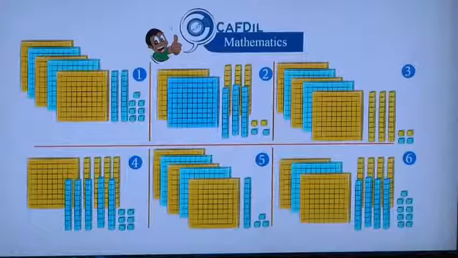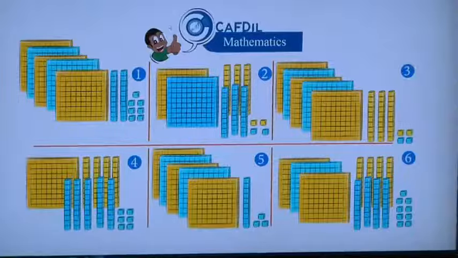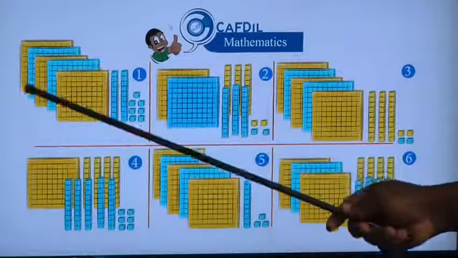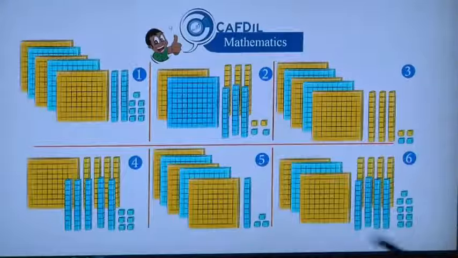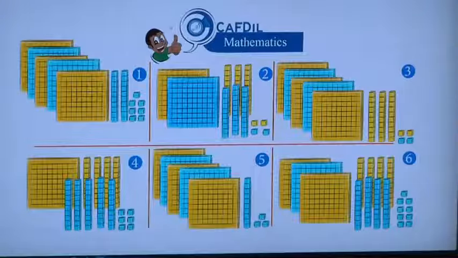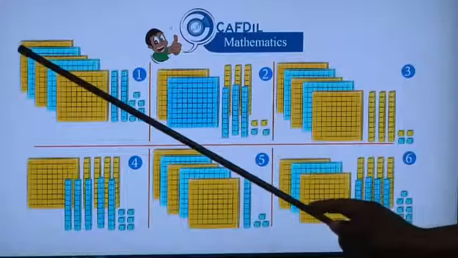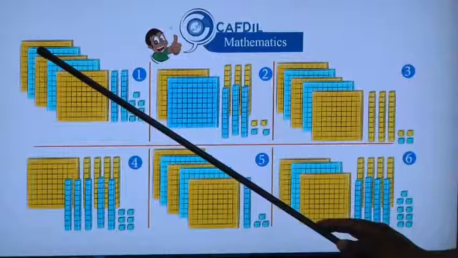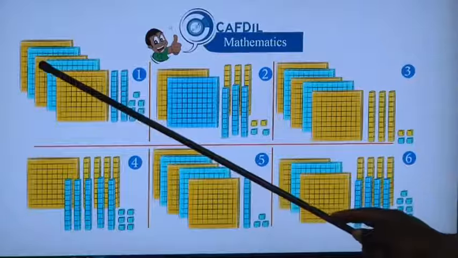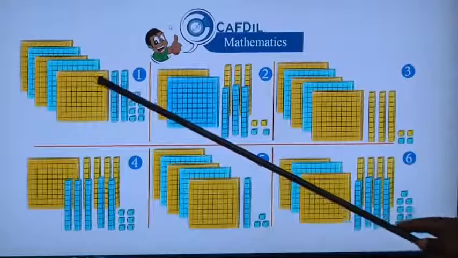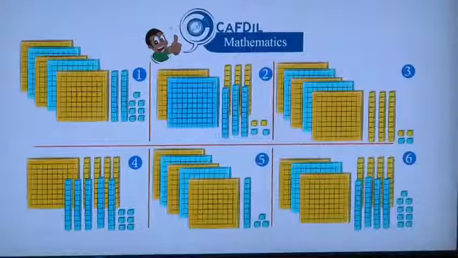When you are counting, you need to be very careful. You check the pictures. Now with the flats, they use yellow and then light blue. So now let us count it again and see. We have 1, 2, 3, 4, 5. So the flats are 5.